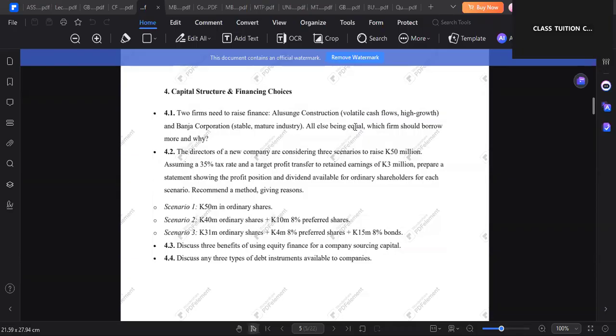All things held constant, which firm should borrow? Given those parameters, the others were assumed because of the information that has been given. Cash flow stability, we can tell from that information that Alusungo has low cash flow stability, whereas Banja has high cash flow stability. Business risk.